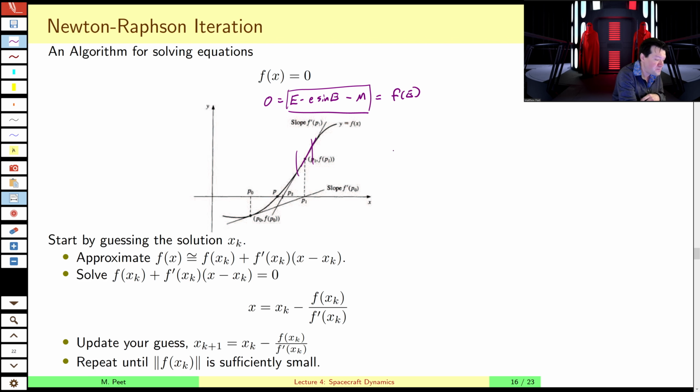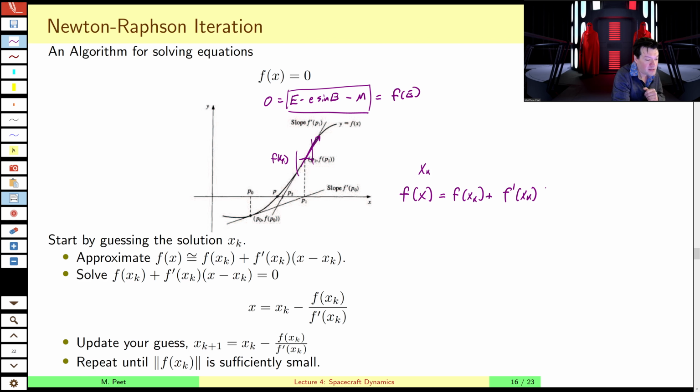And he says, well, I can approximate any function in some neighborhood of that point, say a point xk, by the value of xk, so that's the constant, f of xk. So the value of the point, and then plus the slope of that point, so the derivative of the function, f prime of xk, so that's the derivative at that point.